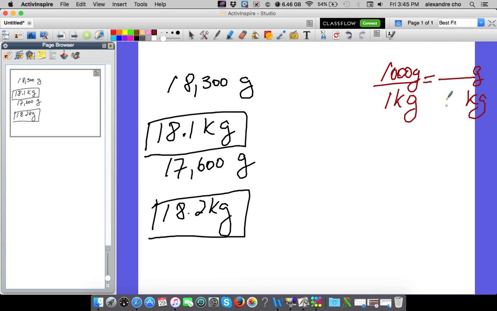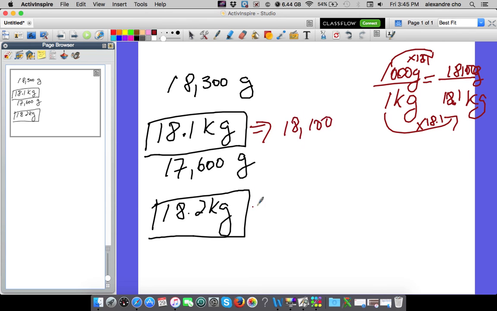I have 18.1 kilograms, so I'm going to end up multiplying 1,000 times 18.1. And that's going to give me 18,100. Same thing here. If I put 18.2, that's going to give me 18,200.